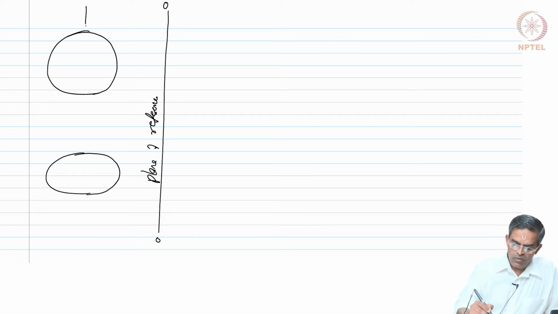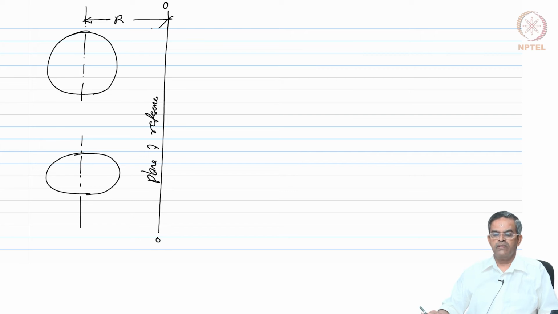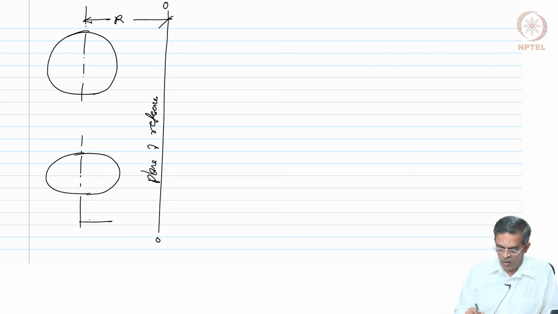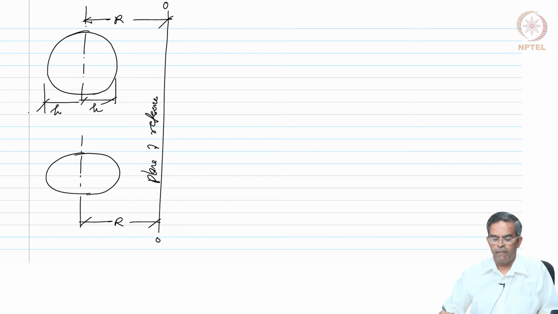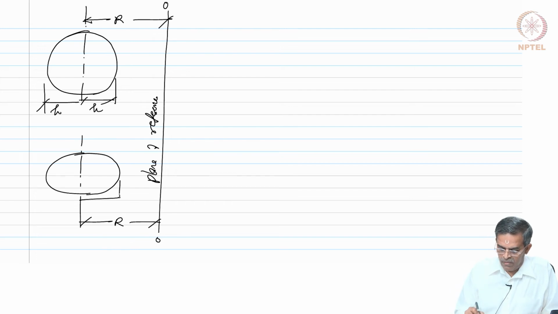Let us say this is my centroidal axis. We know the measurement of the centroidal axis is always R from the plane of reference. This is also R from the plane of reference, and from the CG we call this H. This also has H because it is symmetric, and the major axis H, minor axis H again.